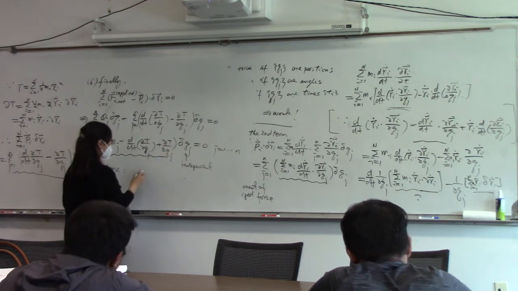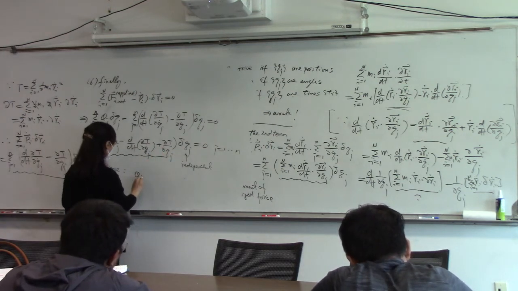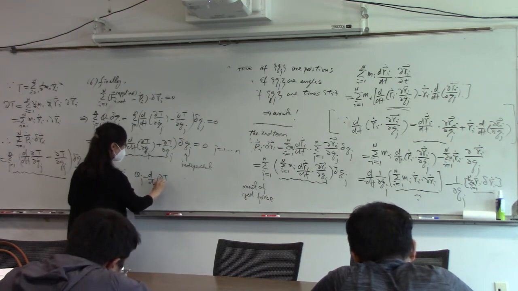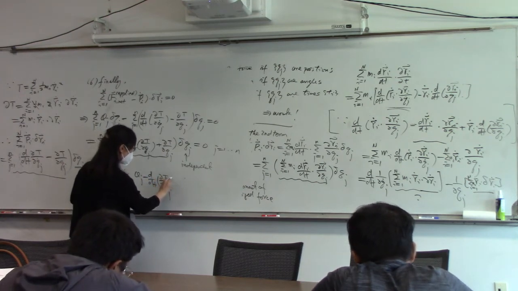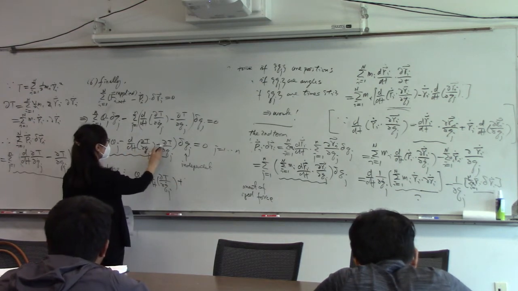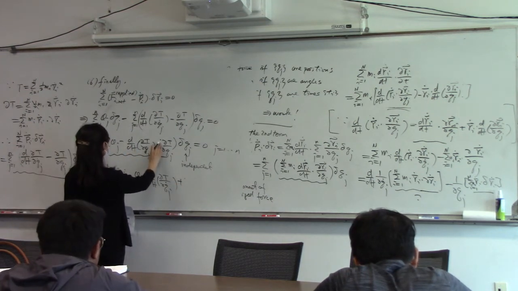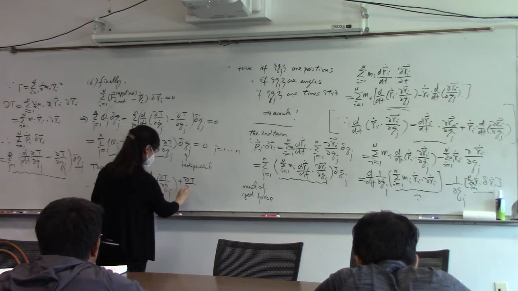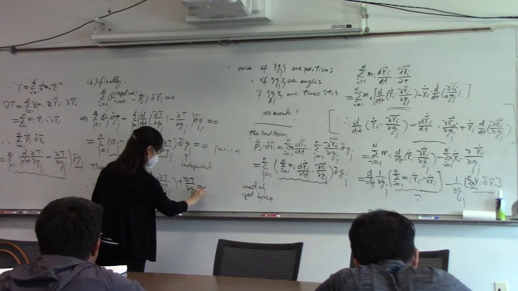Since these are linear, each coefficient should be equal to 0: Qj minus d/dt (partial T / partial qj dot) plus partial T / partial qj equals 0.